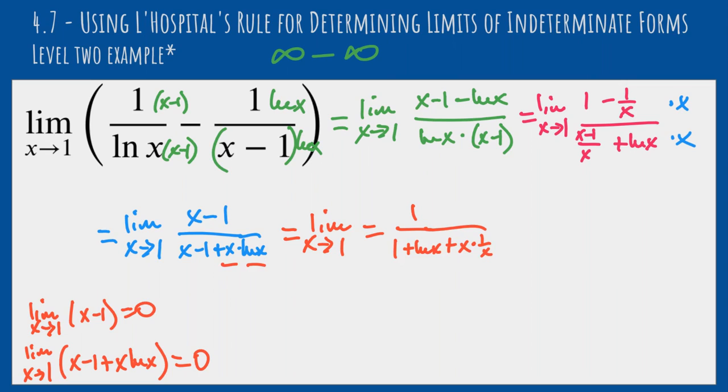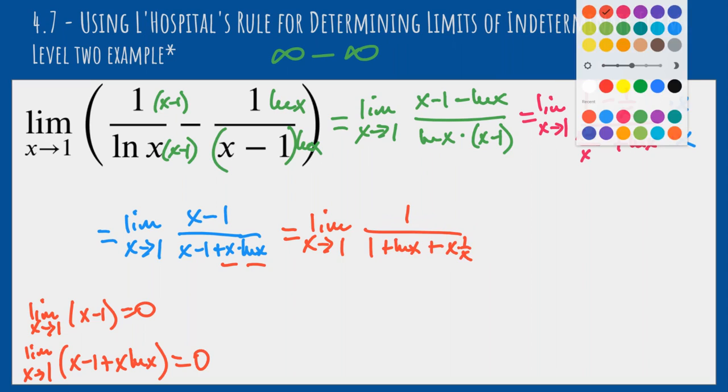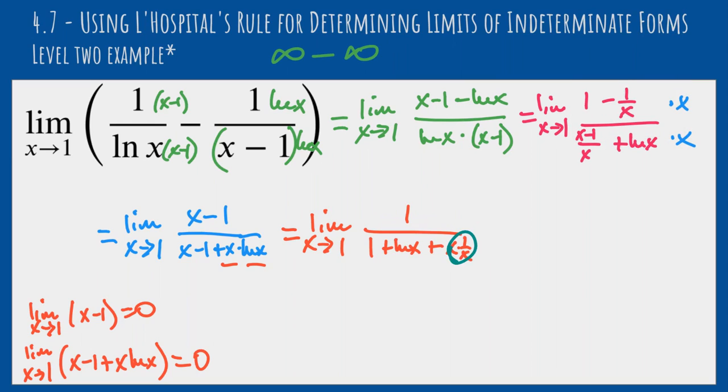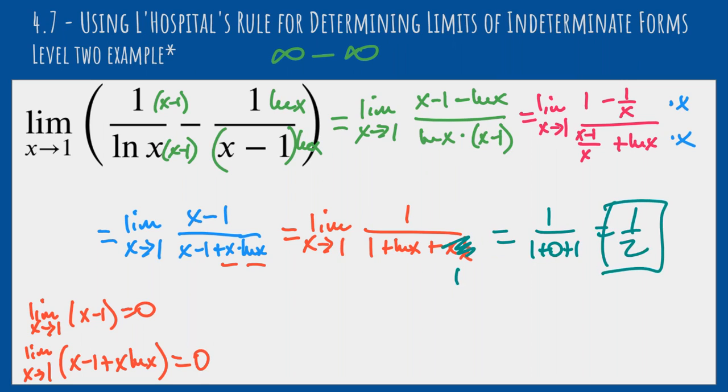And then this is the x times 1 over x, that is 1. So this whole thing right here is 1. So what we end up with then when we plug 1 in for x is 1 over 1 plus 0 plus 1, or 1/2. Whew.